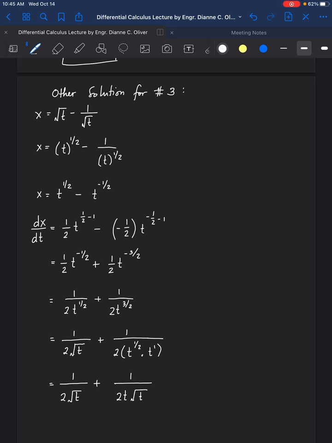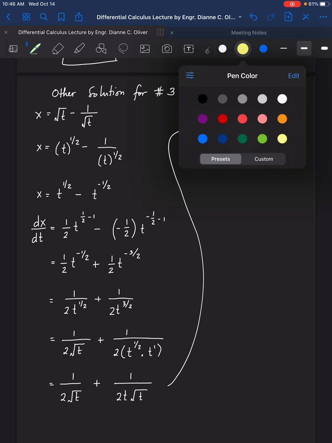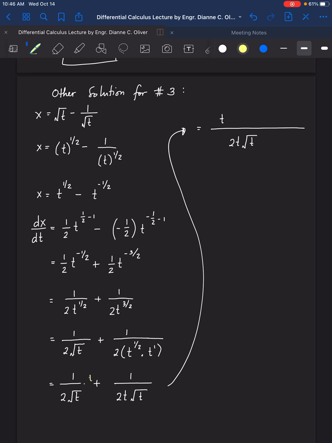Okay, then continue this here. That's equal to, we have there 2t square root of t. Then for this portion here, we have there t. Why? Because for this 2, we have there t over t.